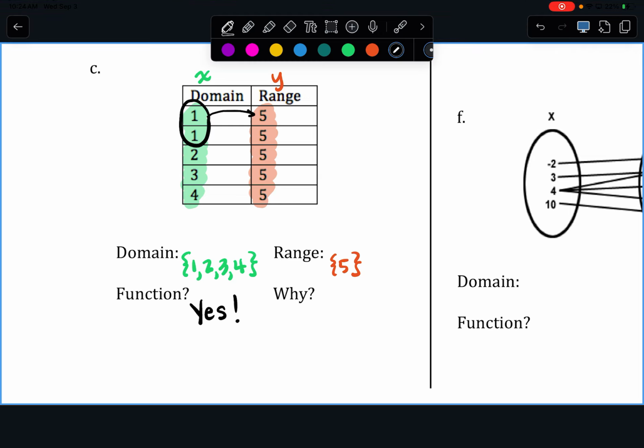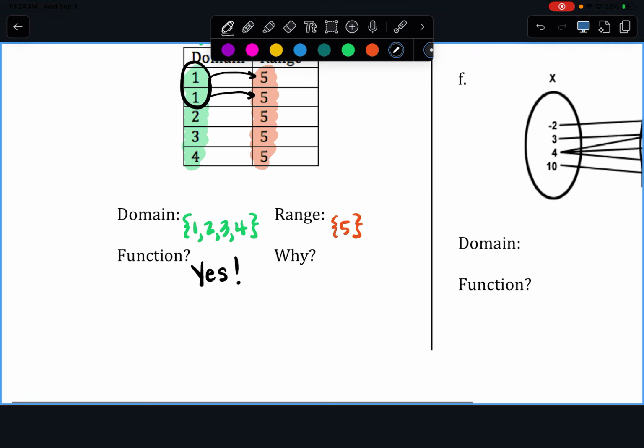Notice they just wrote the same point twice. Normally no one would ever do this because I'm not going to plot the same point on top of itself. They're literally just putting this in the table to trick you. As long as I put in a 1 and get out a 5, if I put in another 1, I have to get out a 5, and that's what's happening. So this is a function.